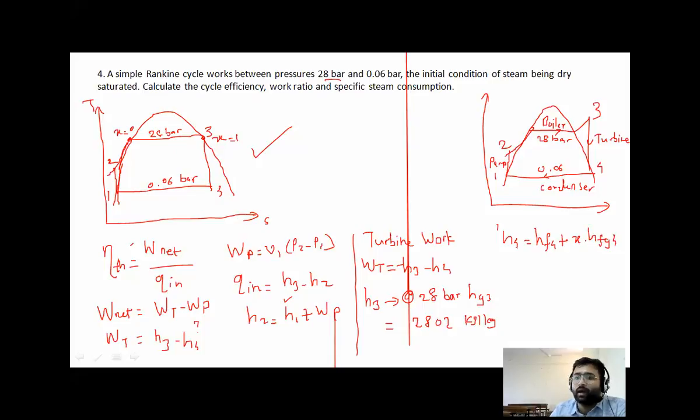Correct? Now, what will be Hf4 at how much bar? 0.06 bar. So go to the steam table, go to the 0.06 bar pressure and check its Hf value. How much is it?